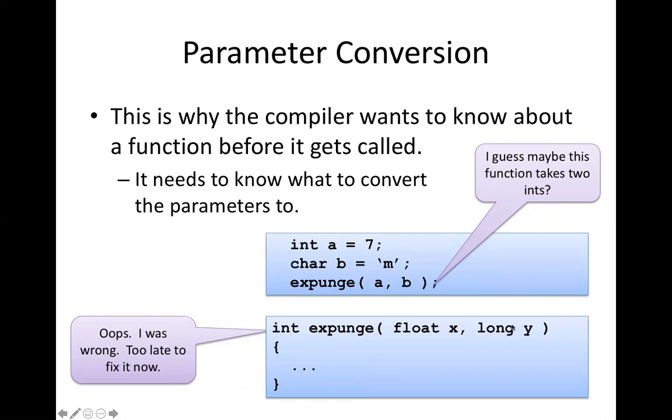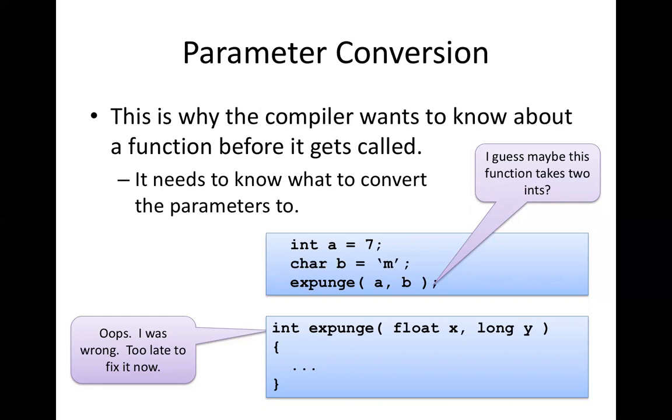So for this reason, the compiler wants to see a definition of your function before it sees a call to it, at least C99 does, so that it can do the right parameter conversions and the right conversions for the return value. The compiler isn't assumed to be smart enough to look at all of your code at once.